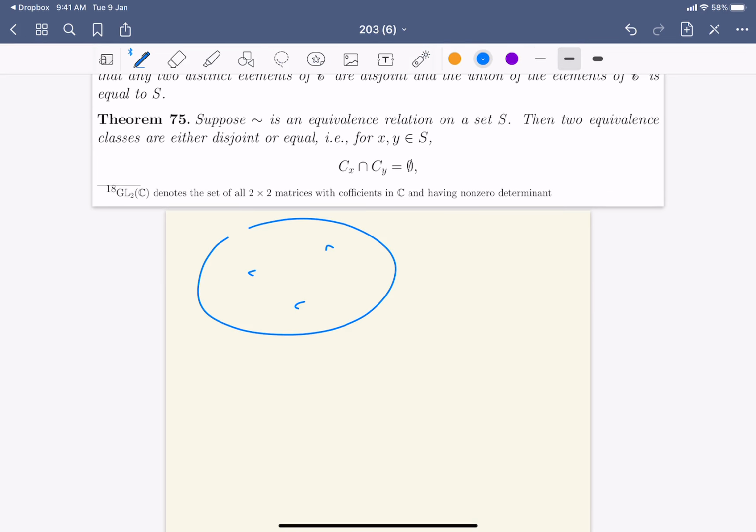If you have a set, it has a bunch of elements, so you collect a few of them here, and then collect some of them here, and so on.